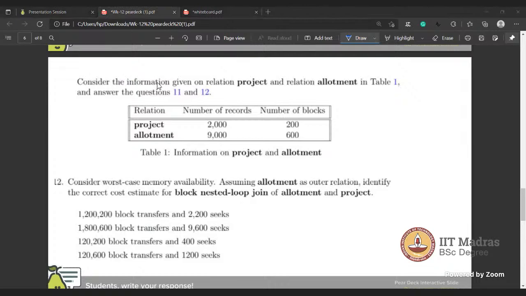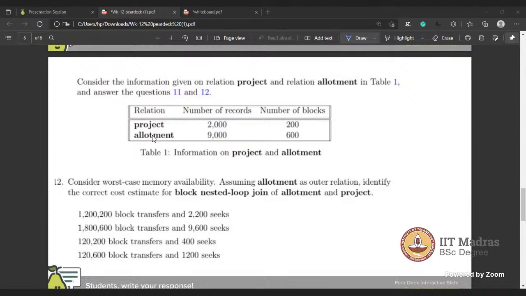Okay. So consider the information given on relation project and relation allotment in table 1, and then the questions. Project has 2000 records and 200 blocks, and allotment has 9000 records and 600 blocks. Consider worst case memory availability, assuming allotment as the outer relation.